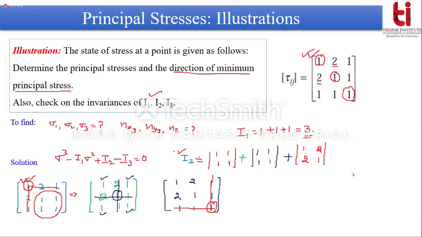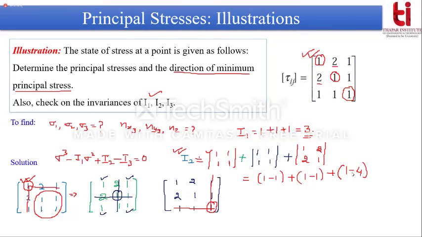So how to obtain I2, and all these symbols which are written in I2 form, these are nothing but the determinant of a 2 by 2 matrix. So which can be written as 1 minus 1 plus 1 minus 1 plus 1 minus 4.